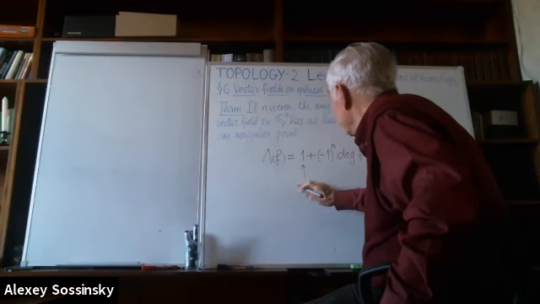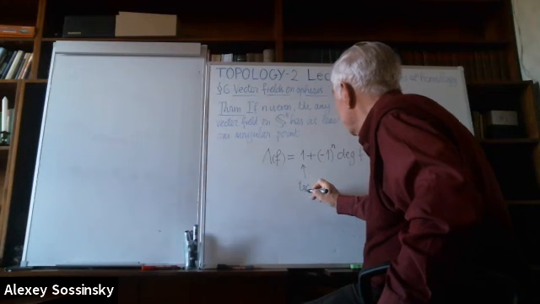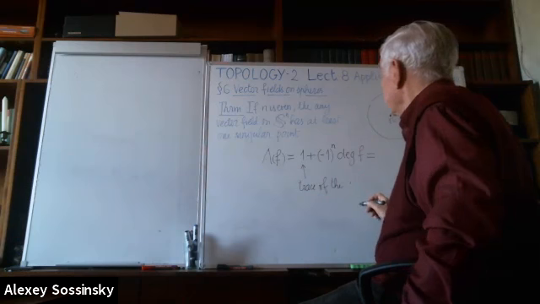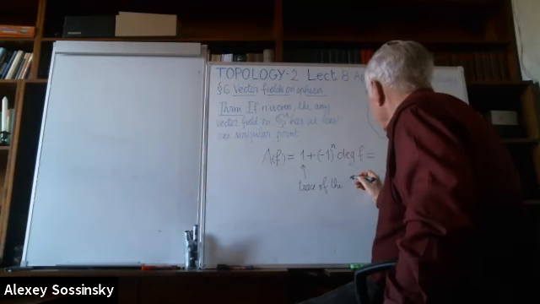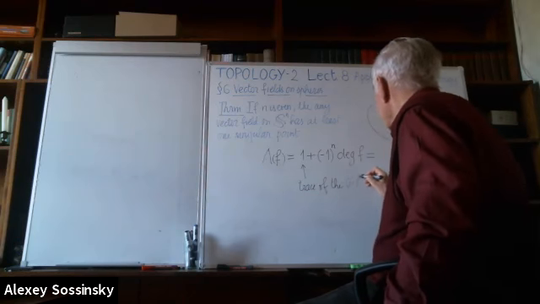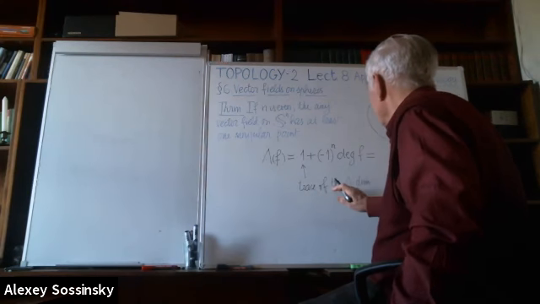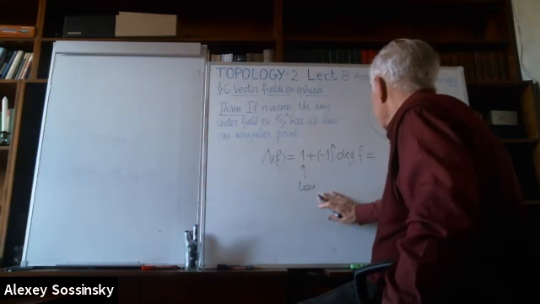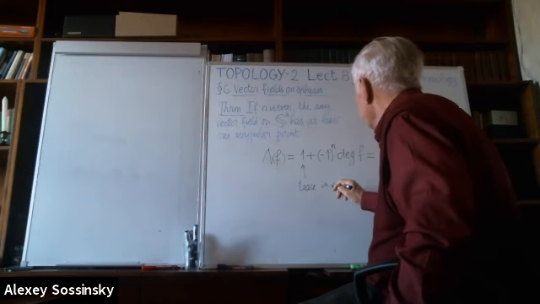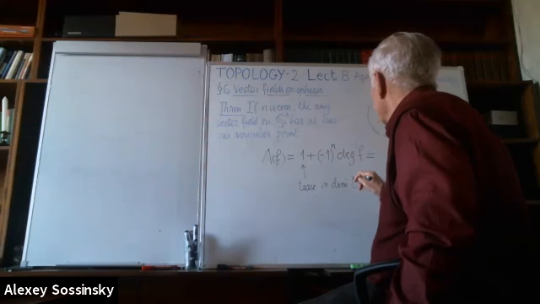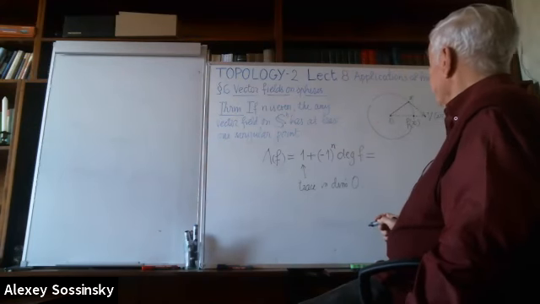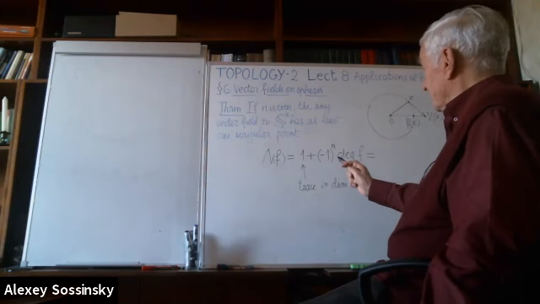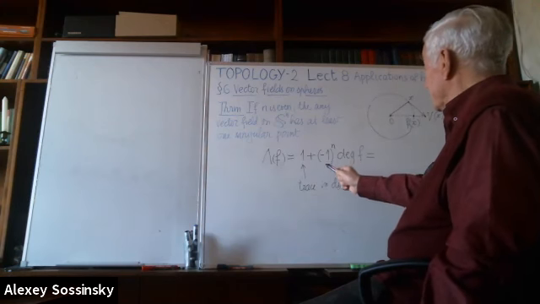So this one is the trace in dimension 0. Why is that? Well, you think about that, it's easy to understand.